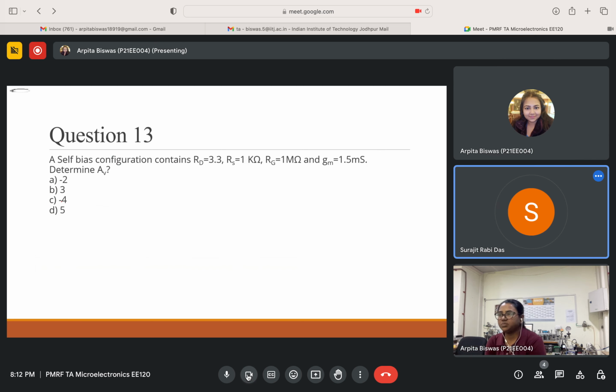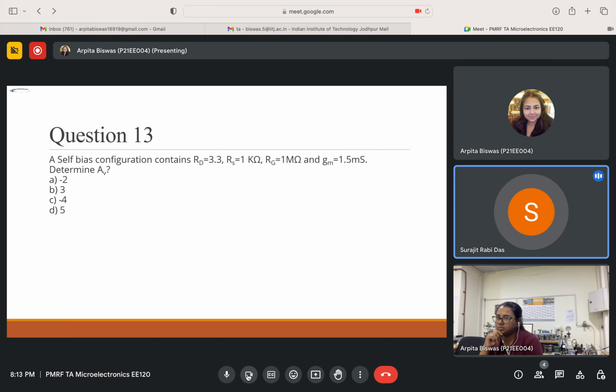The 13th question: the self bias configuration has RD value given, RS given, RG also given and gm given. Determine the AV. At first tell me the equation to calculate the gain when RS is given. When RS is given, it's a common source, right? So it is degenerative, right?